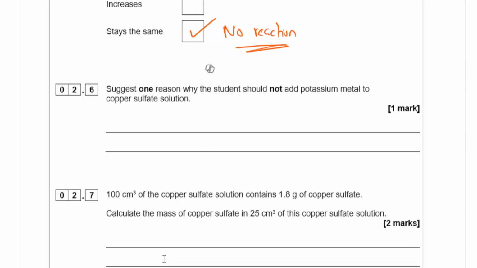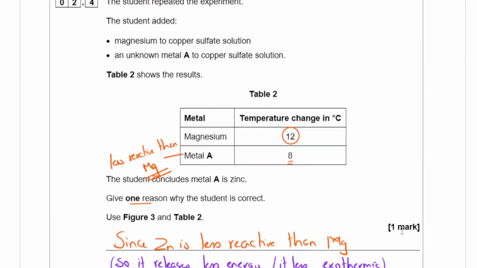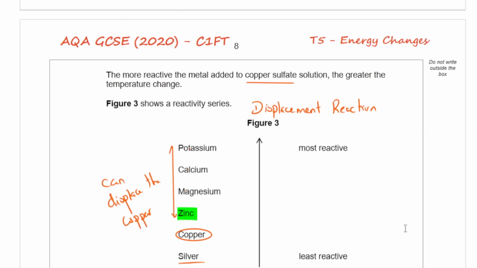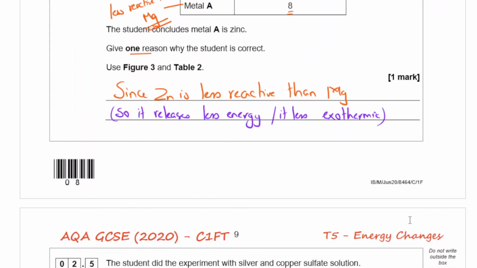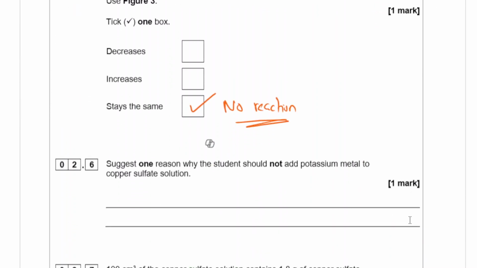Suggest one reason why the student should not add potassium metal to copper sulfate solution. Now, potassium is the most reactive in the series. If you did add magnesium, it is actually increasing the temperature by 12 degrees. And potassium is above calcium as well. So the temperature increase is going to be way higher.